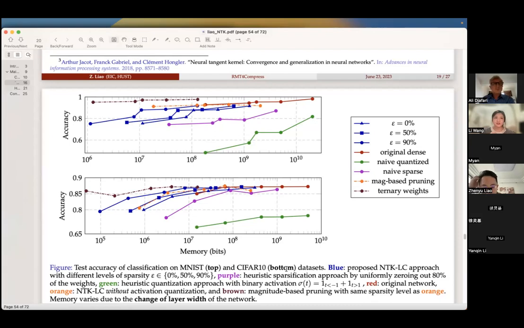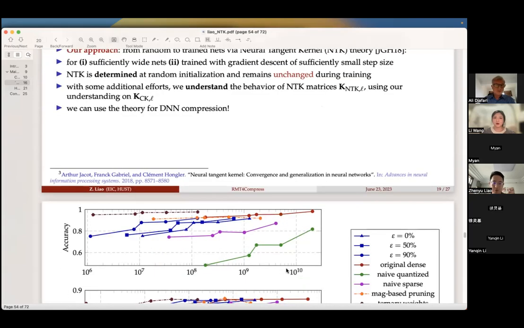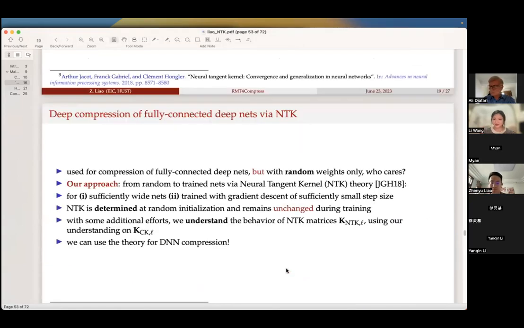And you mentioned in this case that there are two conditions. One is that the network should be really wide. Yes, exactly. And the learning rate should be pretty small. Yes, pretty small.